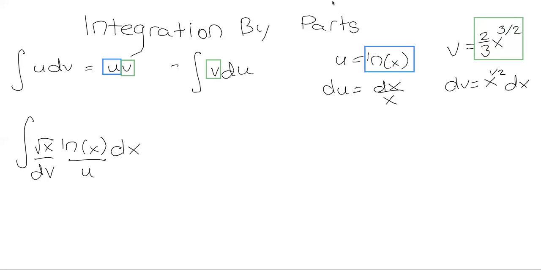And we also have a du. The du we have is dx over x. So now that we have all that information ready to go, we're ready to just substitute things in and then integrate. So we have u, and then we have v. u is going to be natural log of x. And then v is going to be 2/3 x to the 3/2.